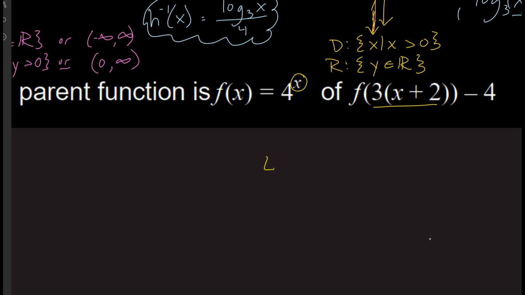So this becomes 4 raised to the power of 3 times x plus 2. And then after the function, outside of the parentheses, we have a -4. That means after 4 raised to the x power, we put a -4. Does that make sense?